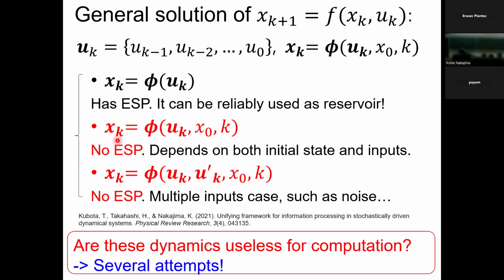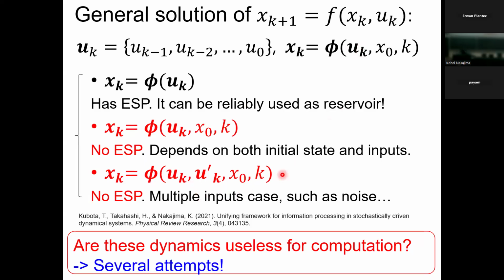The second case is where your reservoir state is described by the input plus the initial condition of your state. So even if you're injecting the input externally, there is still some effect of its own dynamics inside, and it's not completely synchronized with your input.